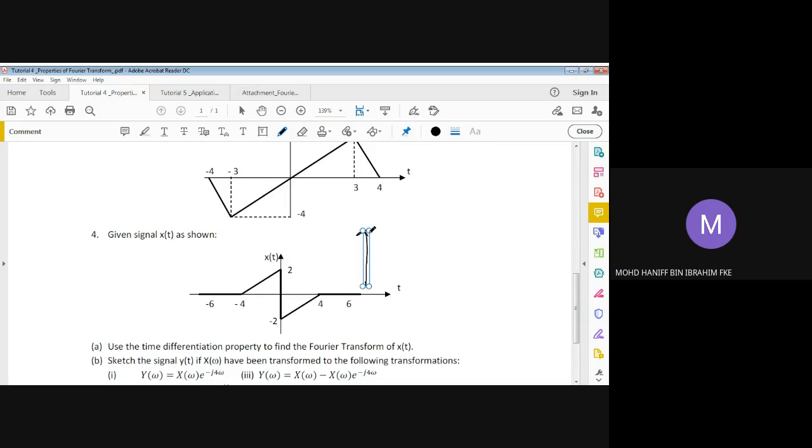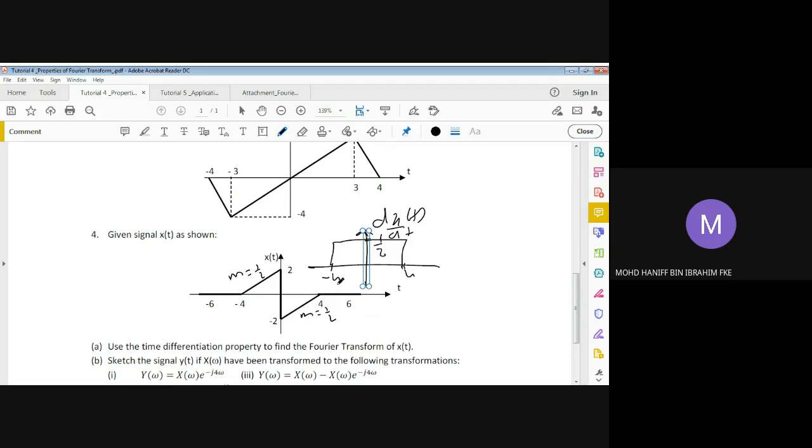This is your dx(t)/dt. From negative 4 to 0, you have a constant of positive half, because the slope is 2 over 4, so m equals half. The same happens here, m equals half.